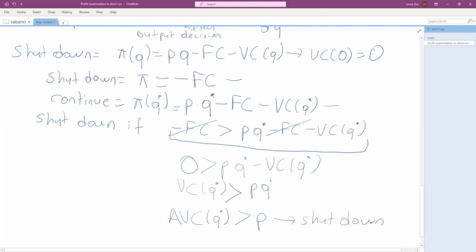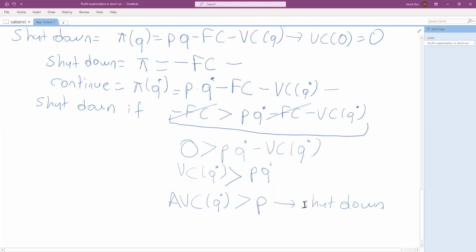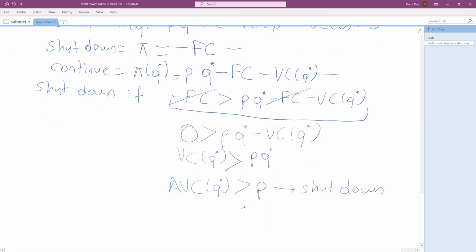If it is otherwise, if P is greater than the average variable cost at the optimum output level, then produce.